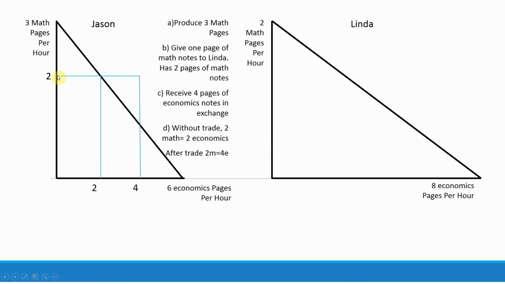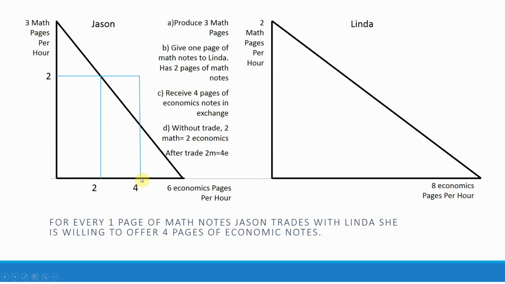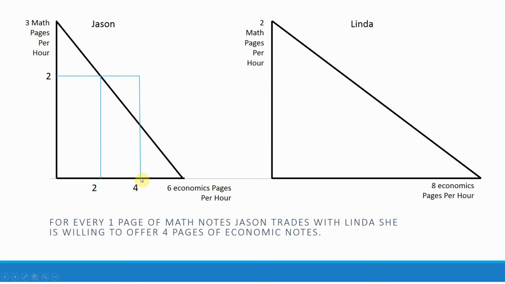For every 2 math pages that he produces, he is now able to receive 4 economics pages. This is because for every 1 page of math notes Jason trades with Linda, she is willing to offer 4 pages of economics notes.